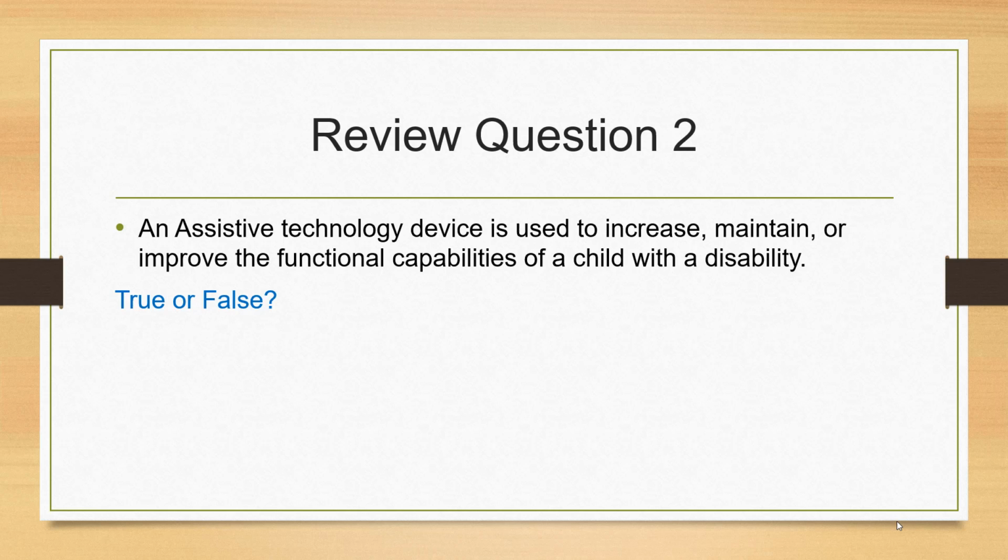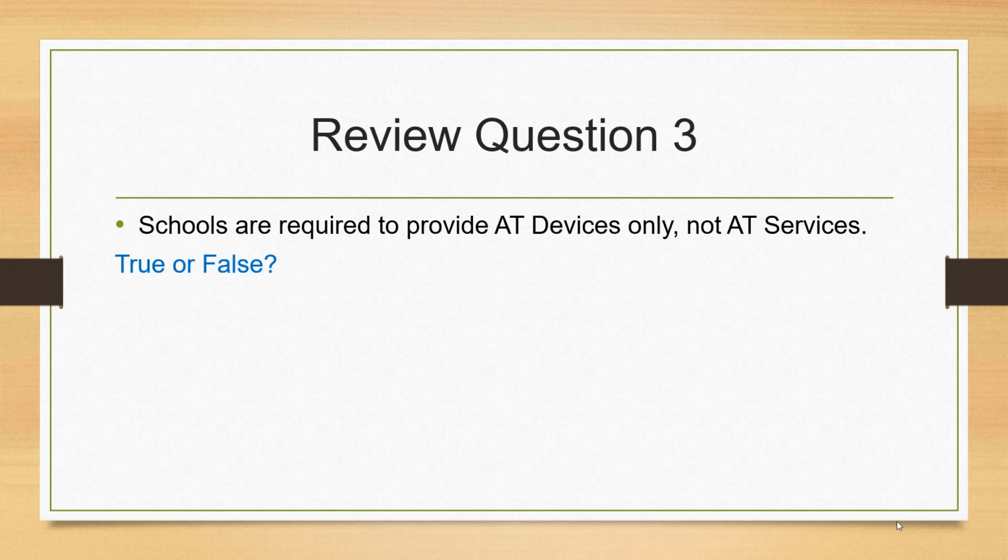Question 2. An assistive technology device is used to increase, maintain, or improve the functional capabilities of a child with a disability. True or false? This is true. Review question 3. Schools are required to provide AT devices only, not AT services.